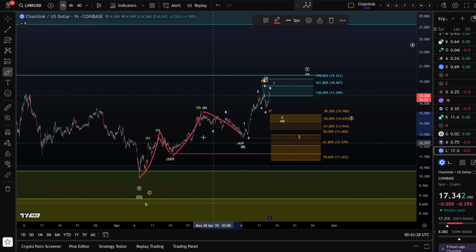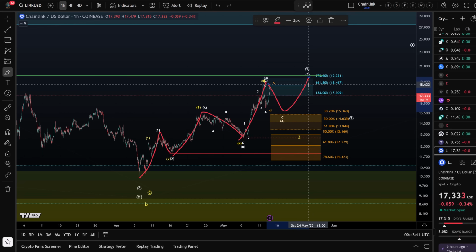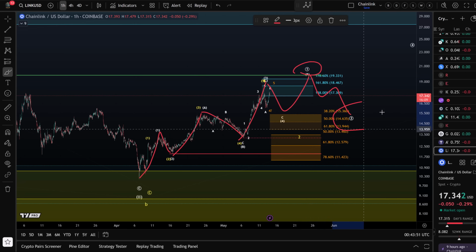Then we had a pullback, which was then the AB of the third wave. Now we could be working on the C wave of the third wave, and in my interpretation, another 4-5 pattern would be ideal. That would give us a solid 5-wave pattern to the upside in what I'm labeling wave 1. And then the subsequent pullback should hold a higher low.